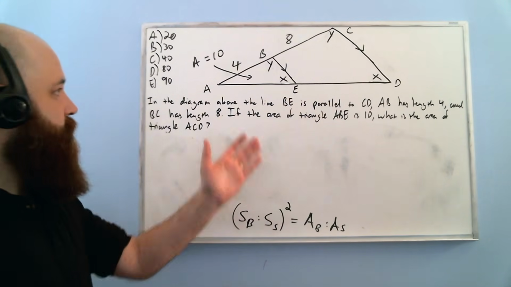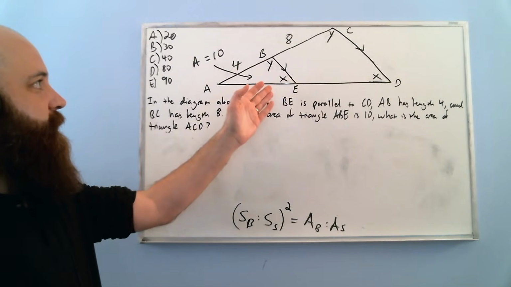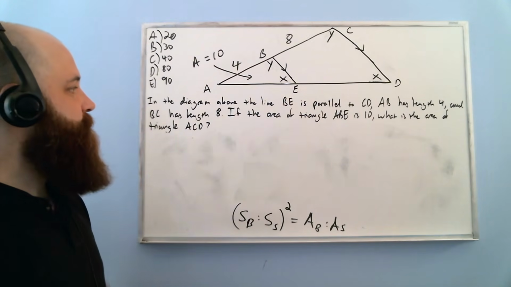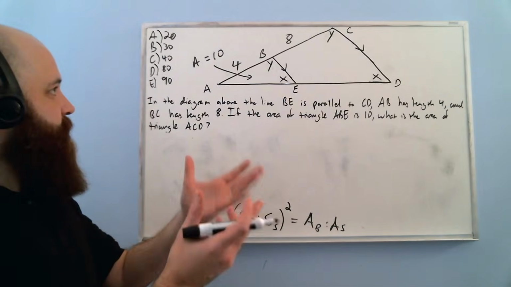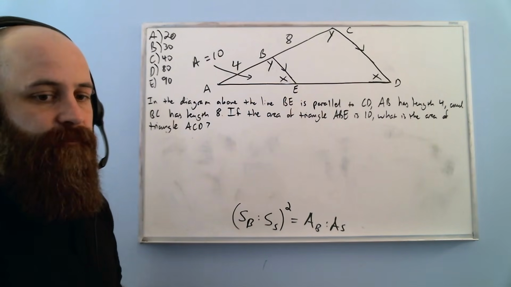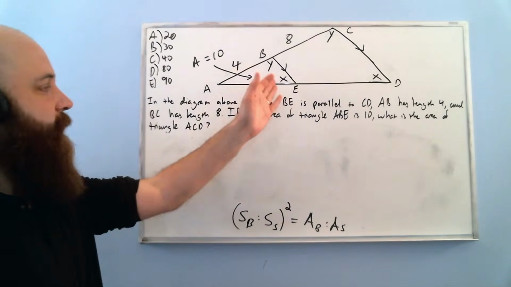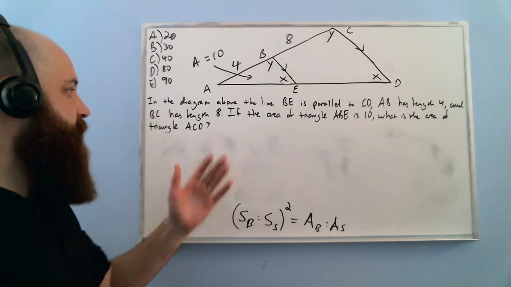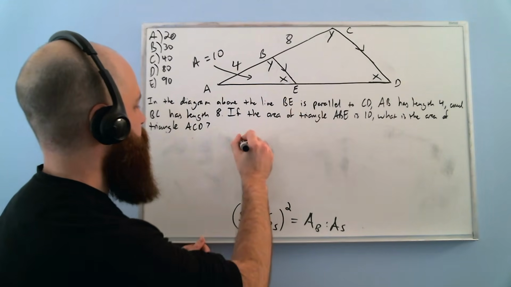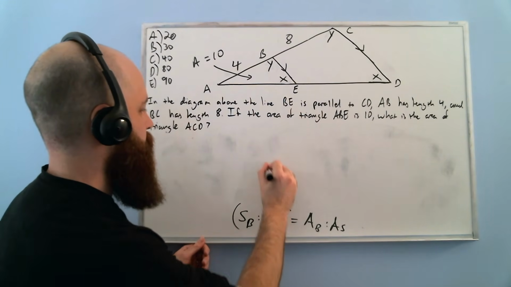Well, what two triangles are we dealing with? ABE and ACD. So let's pick two corresponding sides. What might a side be that I'm interested in for the smaller triangle? Well, how about the side opposite x? So AB. The side of the small triangle, let's say, is 4.